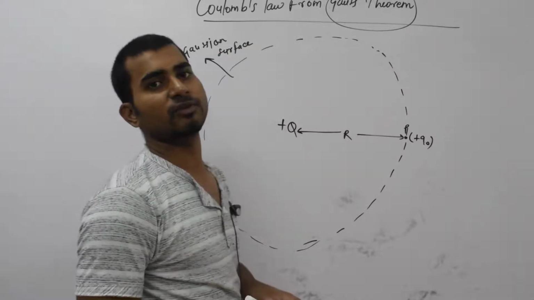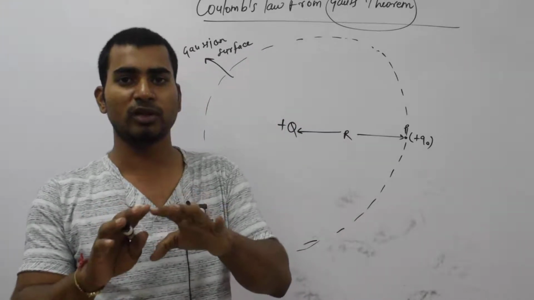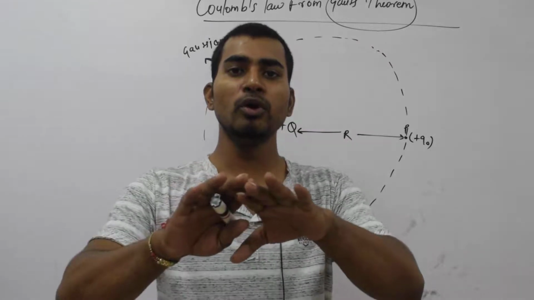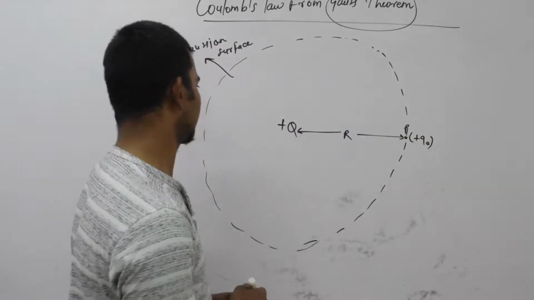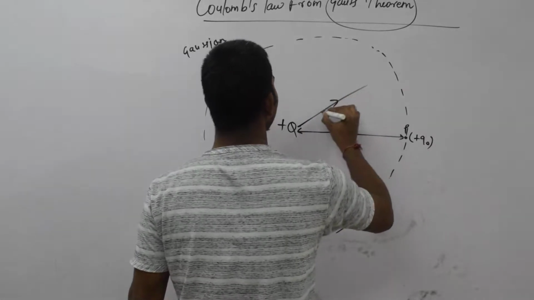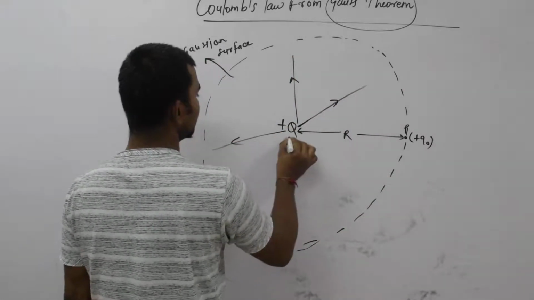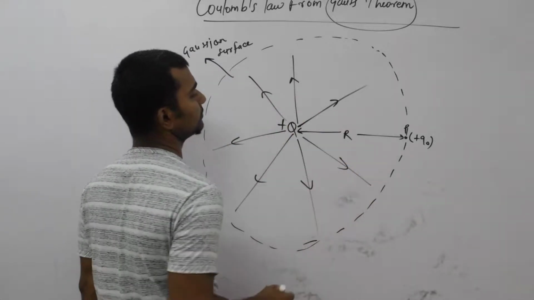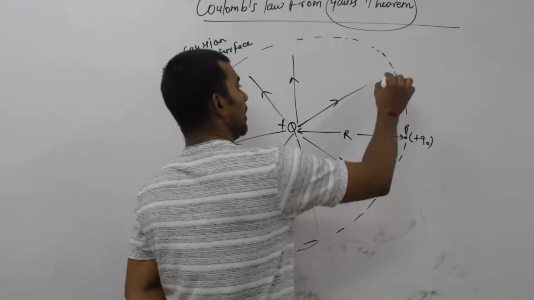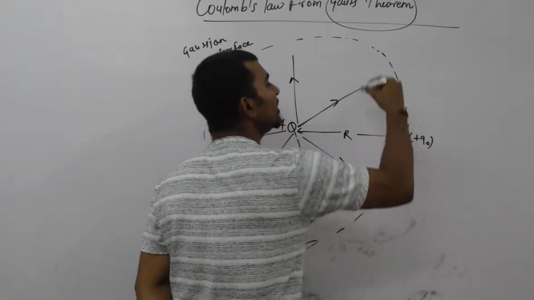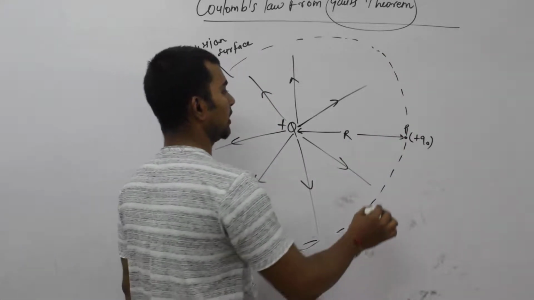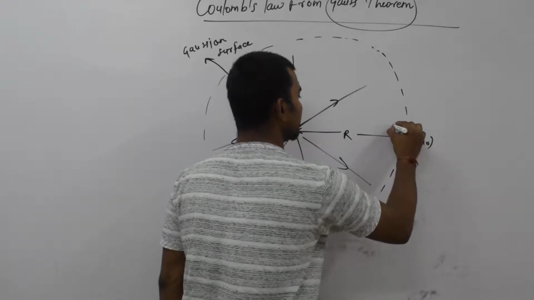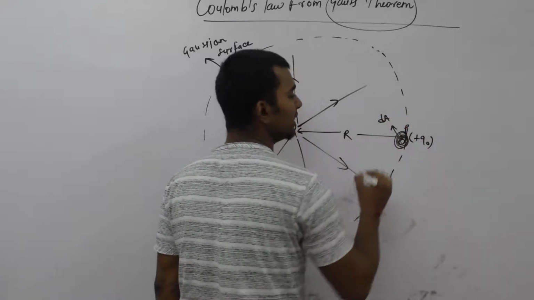The significance of this Gaussian surface is that it is used for enclosing a charge, or to bound the field of the charge. As we know, field lines are radially outward, so this is the field pattern of this source charge plus Q. At the surface of this sphere, I have considered a small region whose area is dA.